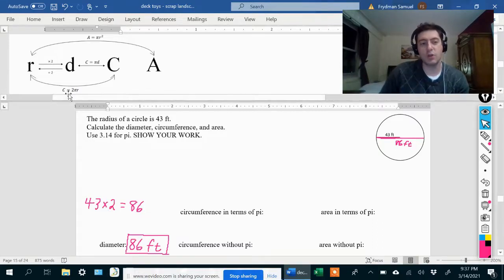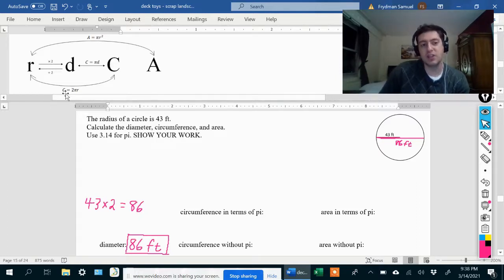And it makes sense that we're going to use this equation if we know the radius and we want to know the circumference, because this equation has r in it, which is the radius, which we know, and it also has c in it, which stands for circumference. That's what we're trying to find out.